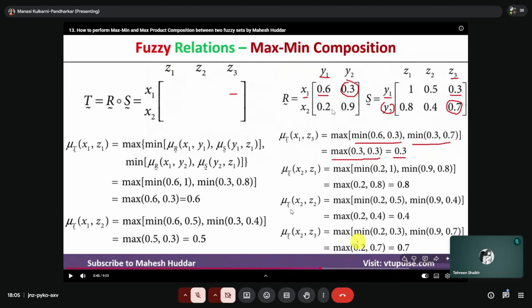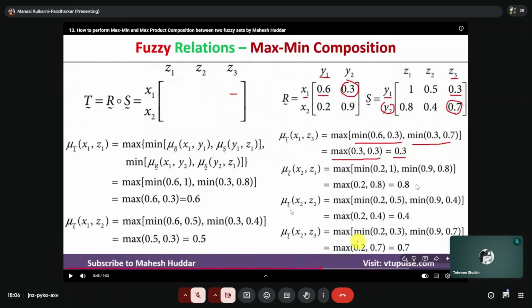Then next one will be again the same, 0.2, but this one 0.2. And tell me what will come in the next row. 0.5 and then 0.9 and 0.4 out of this, right? Next will be 0.2 and 0.3 and 0.9 and 0.7.